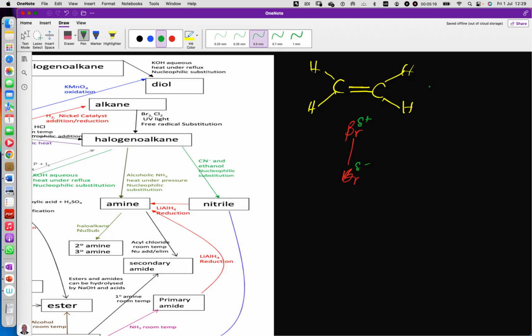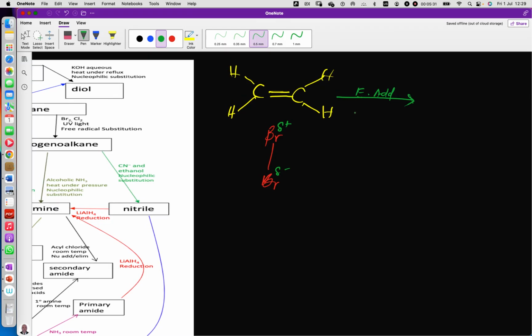So this is by electrophilic addition, and the product will be no more an alkene, it is now an alkane. So there will be bromine here, and also bromine here, with hydrogen, hydrogen, hydrogen, hydrogen.